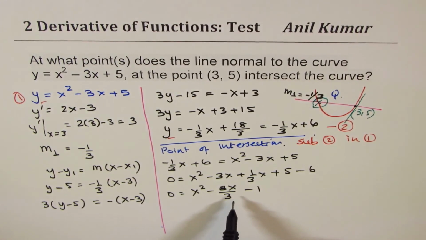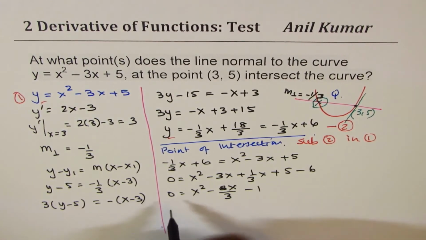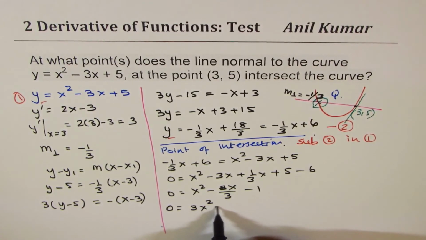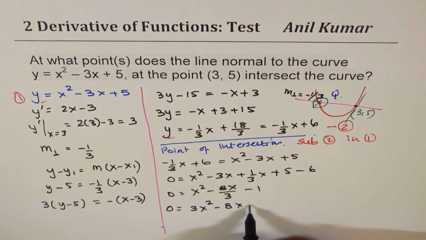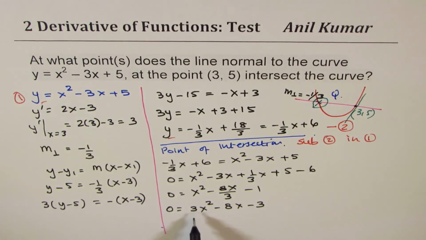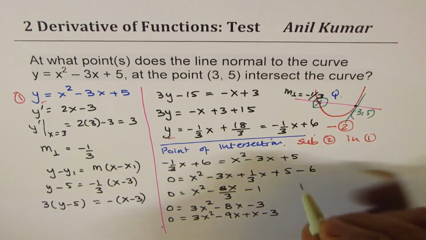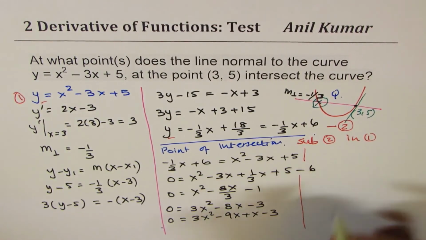Now multiplying by 3, we get 0 equals 3x squared minus 8x minus 3. Now we can factor this equation and find the result. The product is minus 3, so we could write this as 3x squared minus 9x plus x minus 3, correct? So let me just factor this now.